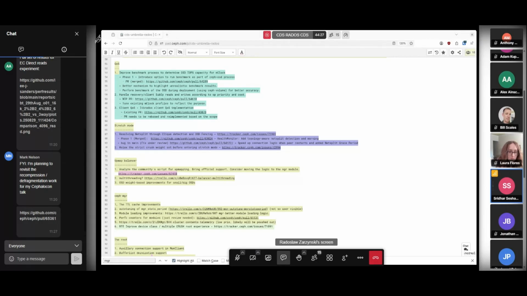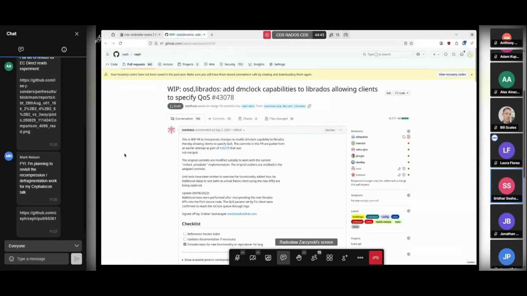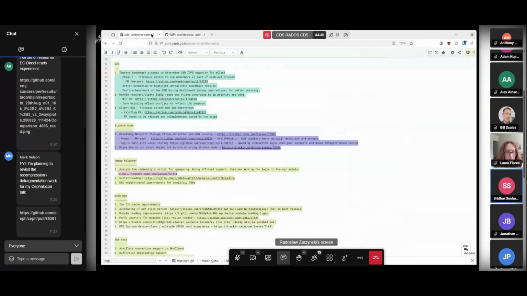The last point is the librados client QoS implementation. The PR, as you probably have noticed, is switched back to the draft phase. So we need to test the changes as is end to end. It works, but like I already described, there are some issues, especially with respect to the clients not being able to realize the set reservation and limits due to the latency issues that I already described.